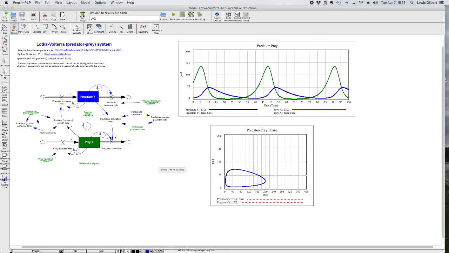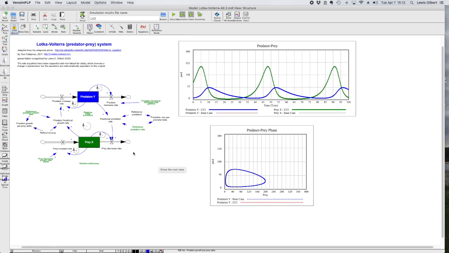But basically what this loop of things does is it says the rate of growth in the predators is related to the number of prey, and over here it says that the prey decrease is related to the number of predators. Now there's a lot of detail in here, and we're going to work our way through it.